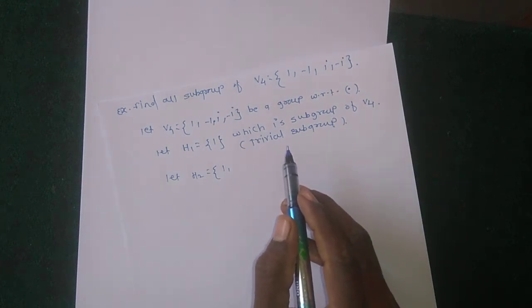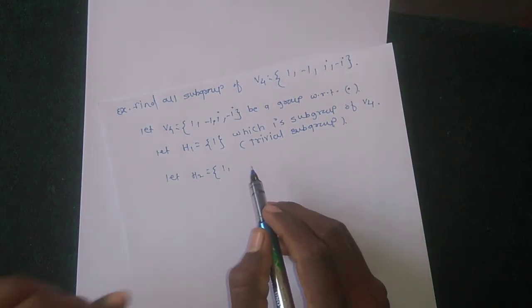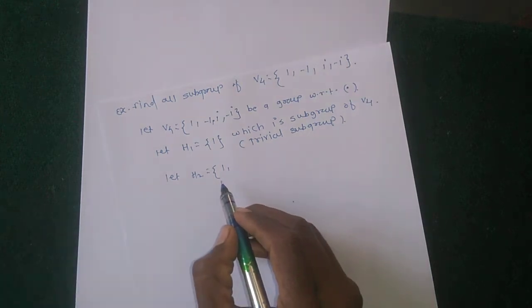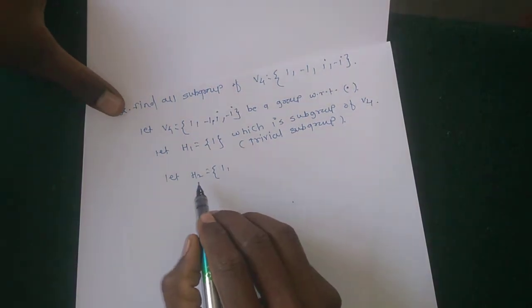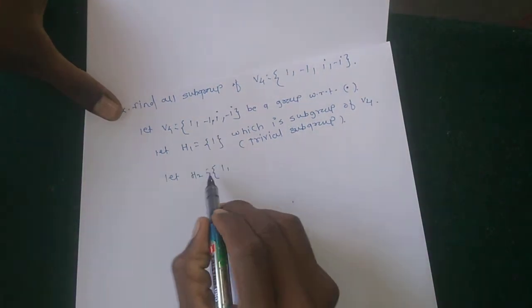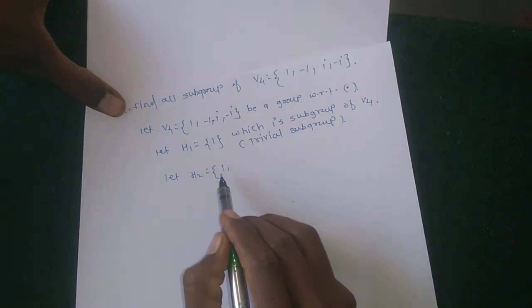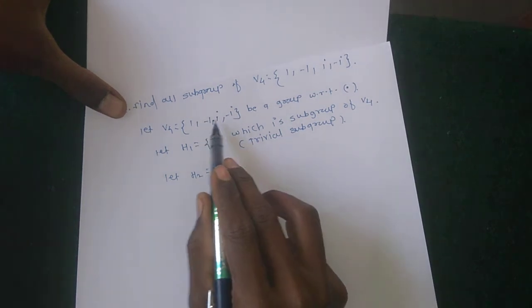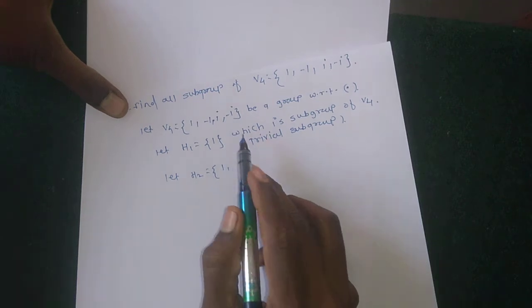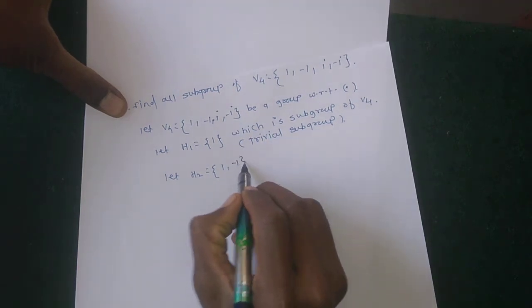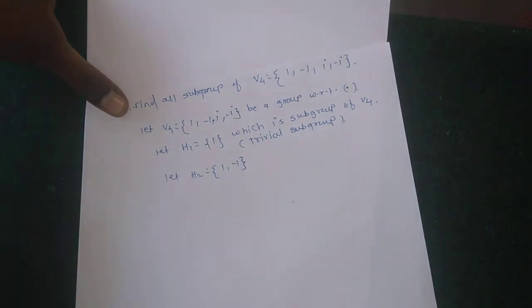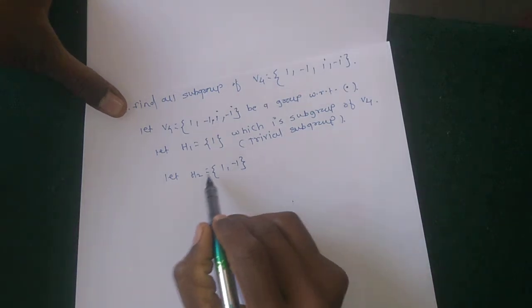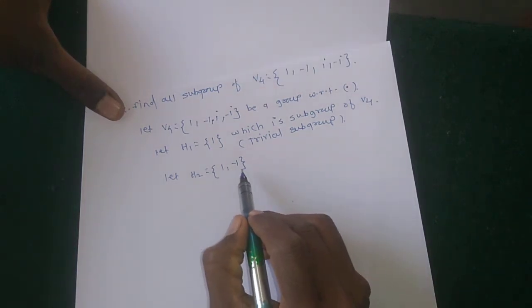So we choose the second subset with 1, the identity, and another element of this set. Suppose the second is -1, so this subset has two elements.